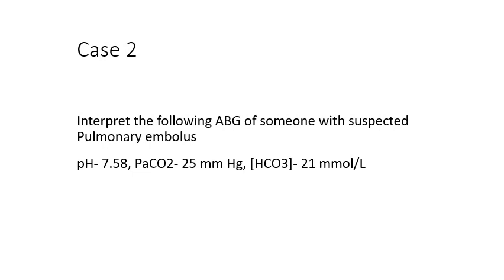Looking at the second case, interpret the following ABG of someone with suspected pulmonary embolus. The pH of 7.58, the PCO2 of 25, and the bicarb of 21. I'm going to take a 1 second pause for you guys to figure it out. For this, the pH is 7.58, which is more than 7.42, which tells us that there is alkalosis.